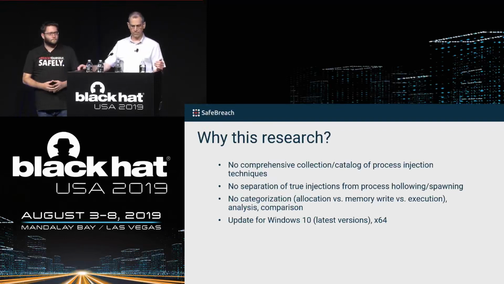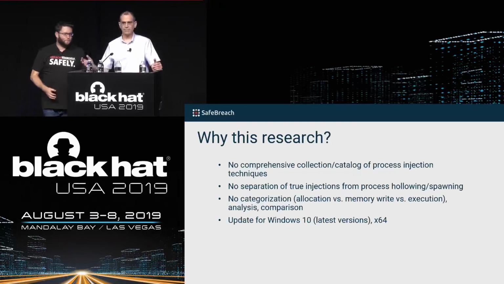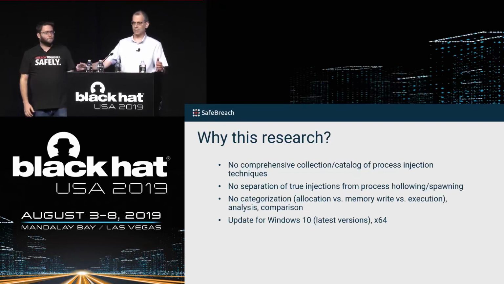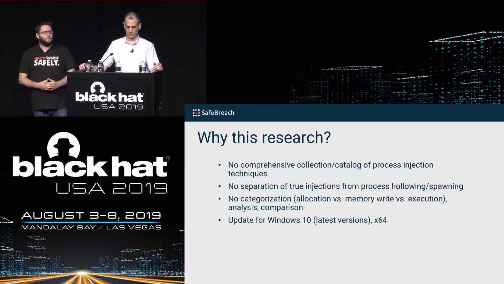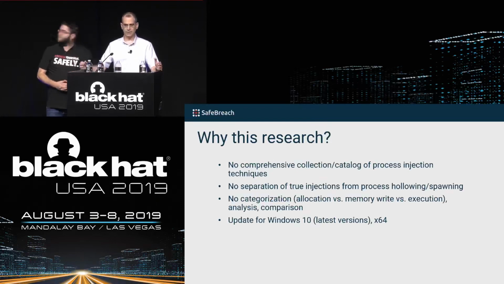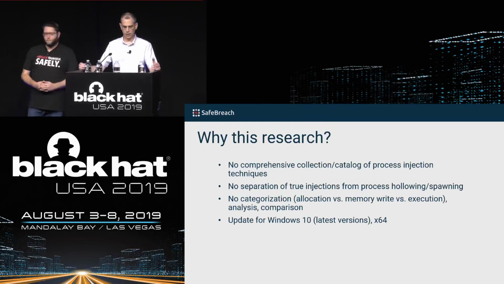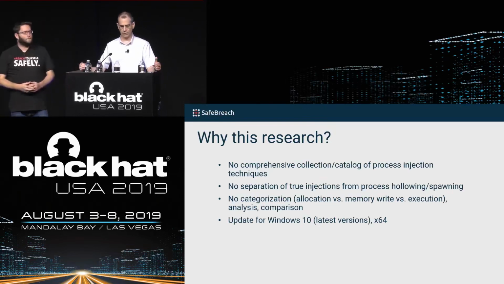techniques. Moreover, there was no separation of what we call true process injection techniques from a more liberal approach taken by some authors to this term, wherein they lumped into process injection some related but not true process injection techniques like process hollowing or spawning. We did not find any categorization system for describing the differences between the sub-techniques such as memory allocation, memory writing, and code execution.